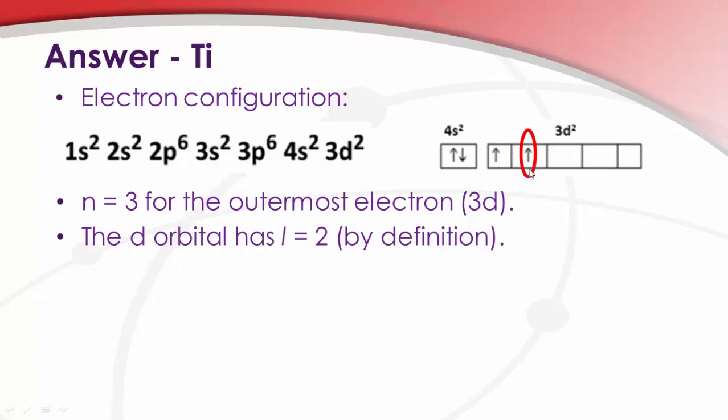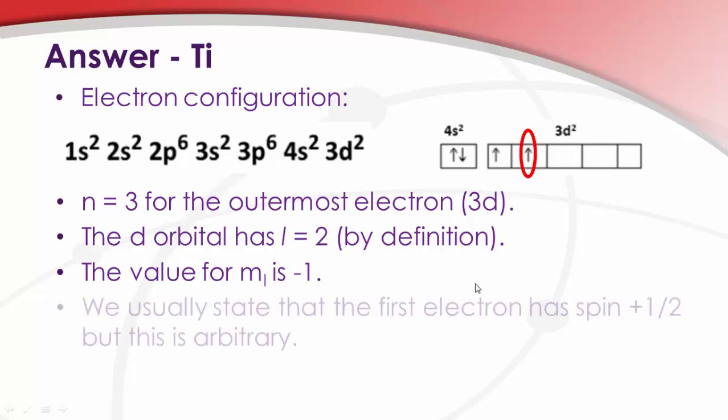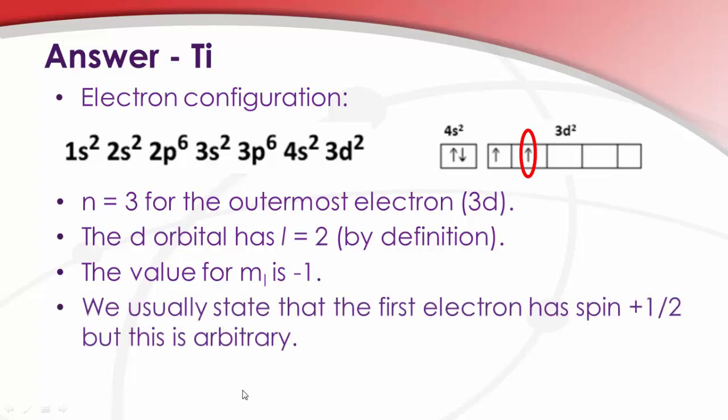So it's not -2, it's -1. And finally, it's an unpaired electron. It's the first one to go into there, so we'll give it +0.5. So our answer then, 3, 2, -1, +0.5.